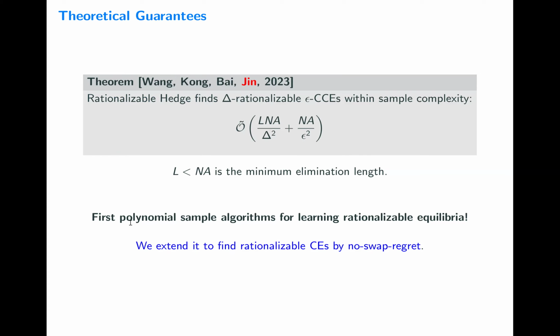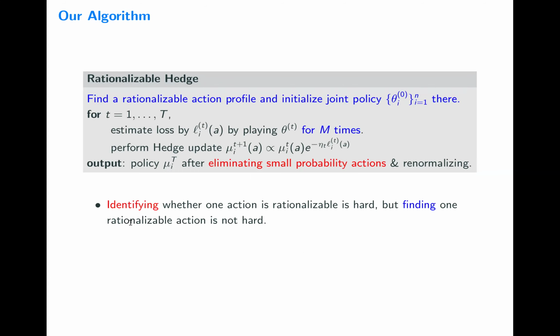Another question? Yes, my question is about your definition of rationalization. You need to somehow observe other people's actions, right? You need to know the game rule. Yeah, you know the game rule. Which means you need to also look at other players' actions to see whether your particular action is dominated by others, right?